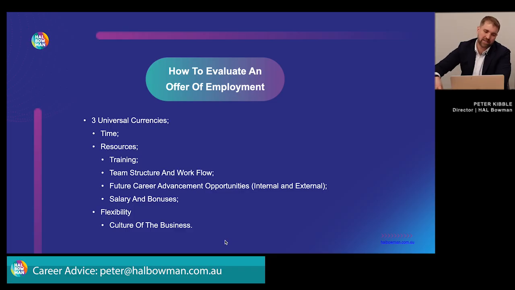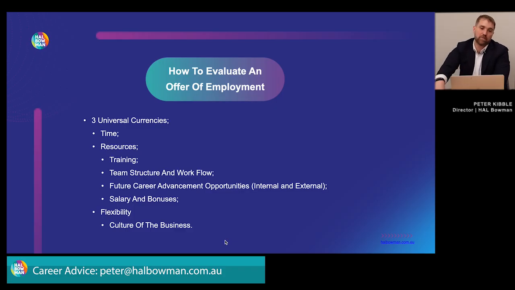Whereas as you get past 5-7 years in your career, you're probably going to have other things happening in your life. The probability of having a family and all that sort of stuff is going to increase, and flexibility will become increasingly important. What we will see is somebody accepts a role in a business and they know their personal circumstances might change in the next 12 to 18 months.